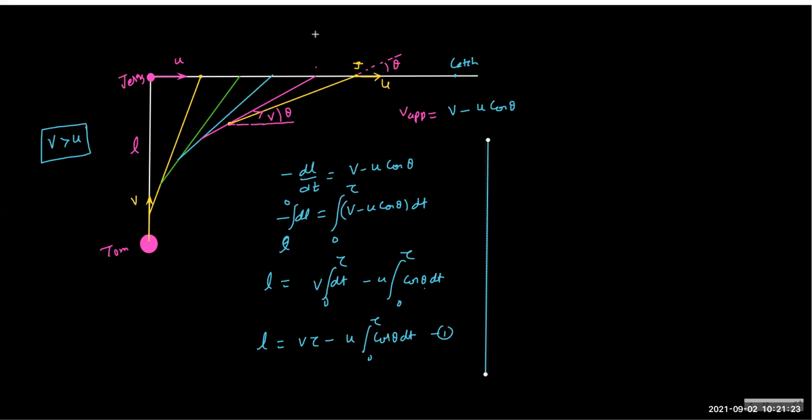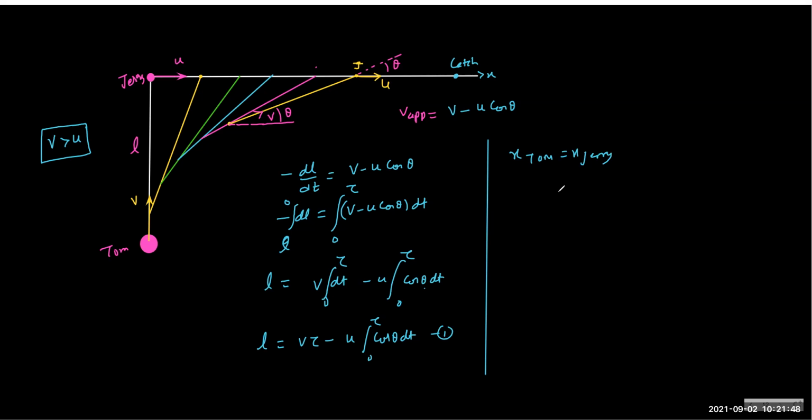Now, from where that answer will come, it's easy, not difficult. We know that when it will catch, the distance traveled by the cat, let's call the x-axis, so x Tom must be same as x Jerry.